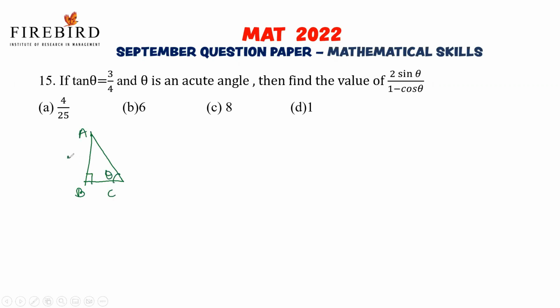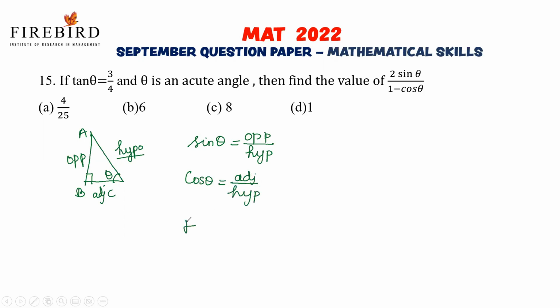The side opposite theta is the opposite, this is the adjacent, and the side opposite the right angle is the hypotenuse. We know that sine theta is equal to opposite by hypotenuse, cos theta is equal to adjacent by hypotenuse, and tan theta is equal to opposite by adjacent.